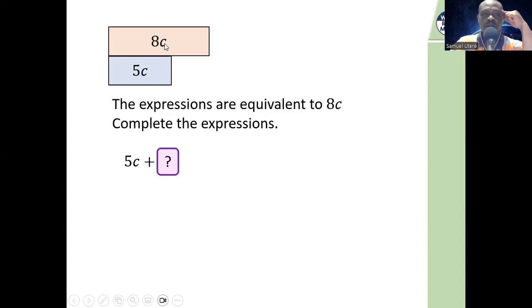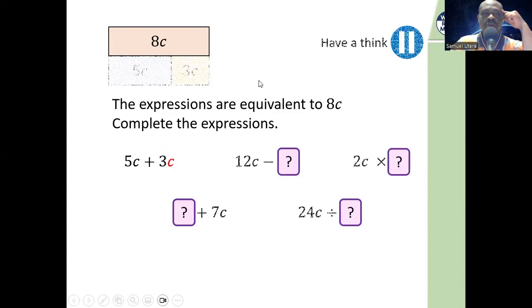One way to think about it is, okay, what if I do 8c minus 5c? Because if I take this slice off, then I can find out what's left. Of course, that gives us 3c.